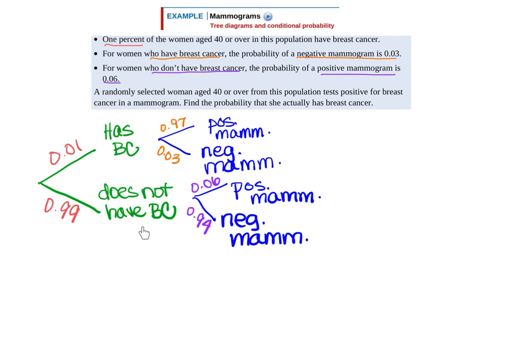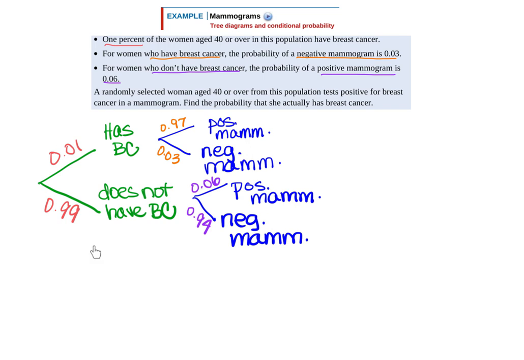So both has and does not have breast cancer have both outcomes that are conditional. We know that for the women who do have breast cancer, a negative mammogram is a 3% likelihood. So 0.03 goes to negative mammogram, 0.97 goes to positive. And then of those who don't have breast cancer, a positive mammogram is 6% likely. So that means 94% has a negative mammogram.